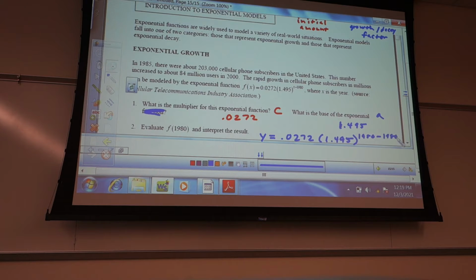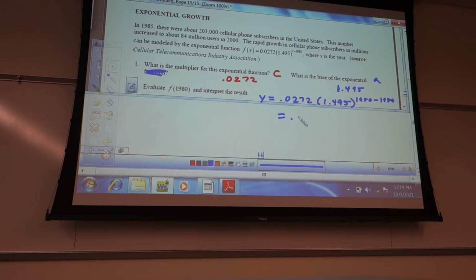What's 1980 minus 1980? 0. So this becomes 0.0272 times 1.495 to the 0 power, which is what? Anything to the 0 power is just 1.